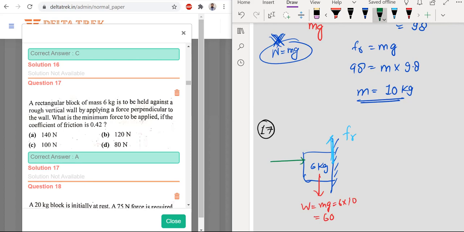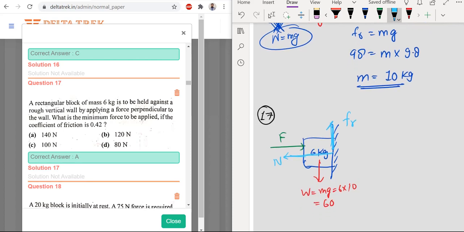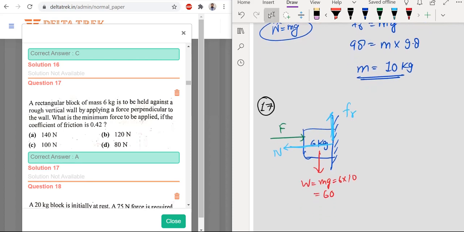Okay. So it said that a force perpendicular to the wall is there. We do not know what this force is, and there is a normal reaction. So now we know what is the minimum force to be applied so that this coefficient can save this box.